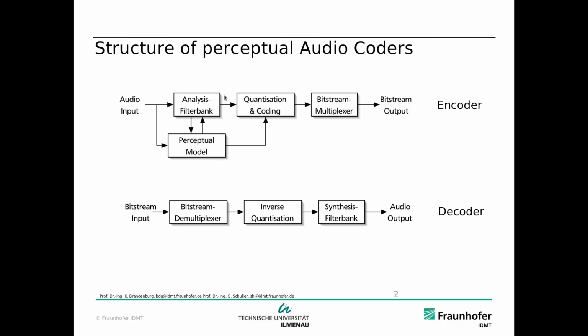So that's actually two quite stringent requirements. And in this lecture, we will see how we can actually design such a filter bank which fulfills these stringent requirements, and also still having good separation between the subbands, which is important for efficiently encoding our audio signal here with the quantization and coding.